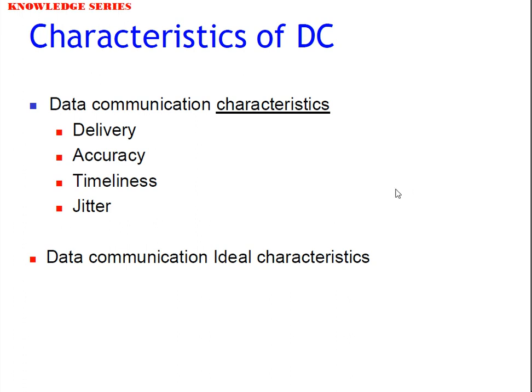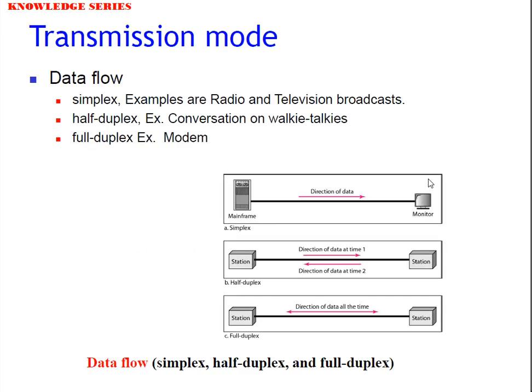So that's why there should not be any restriction between the transmitter and the receiver with respect to distance. This is one of the important components of the characteristics of data communications. Next comes transmission mode.